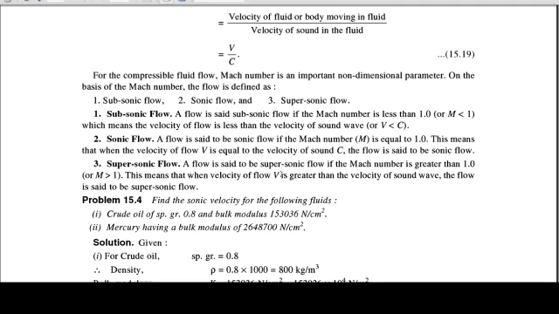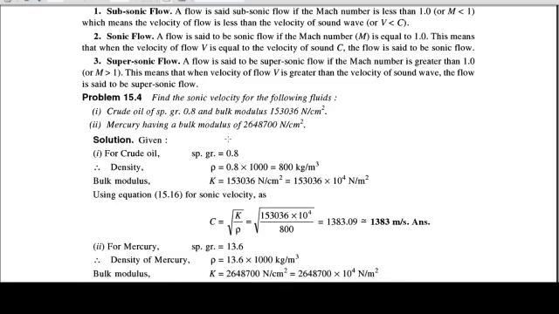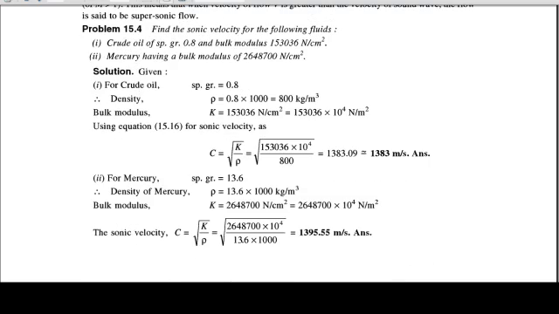Now we will solve the problems on these topics, meaning the velocity of the sound waves and also the Mach number. So the first problem is: find the sonic velocity for the following fluids.